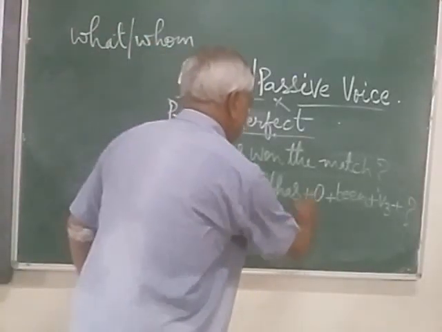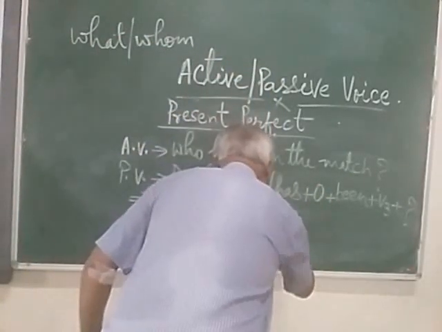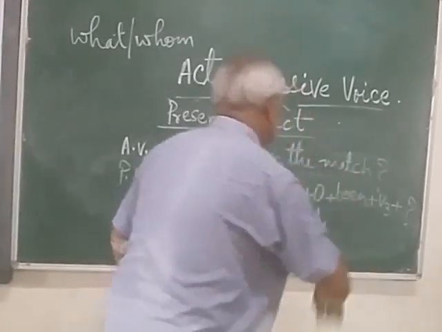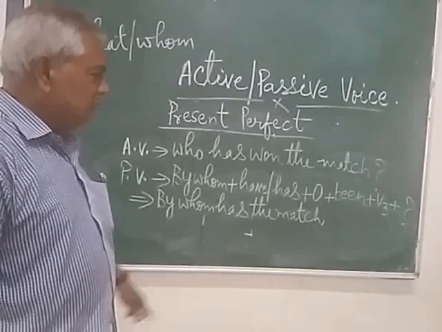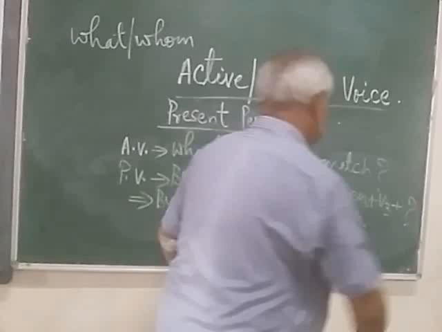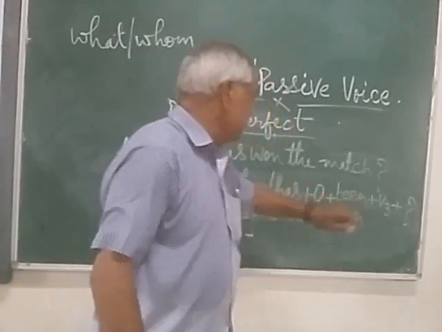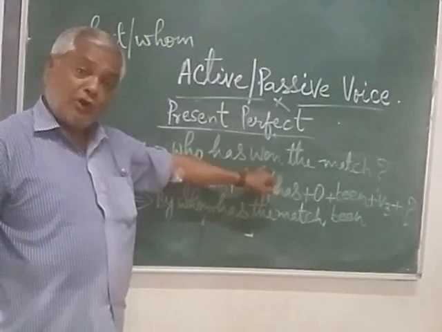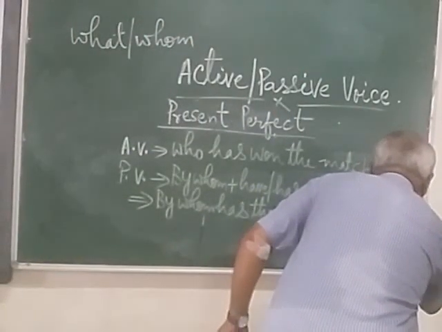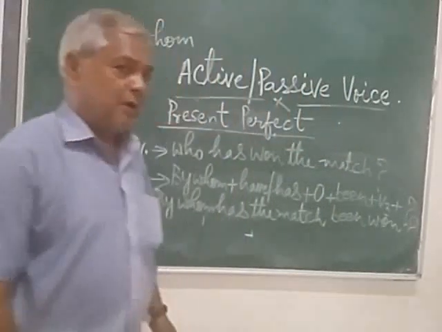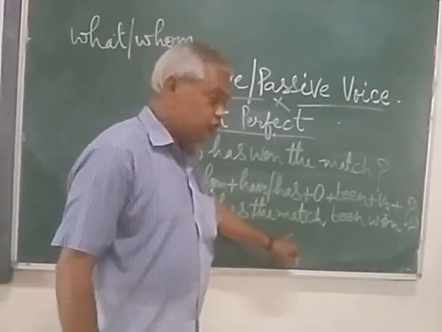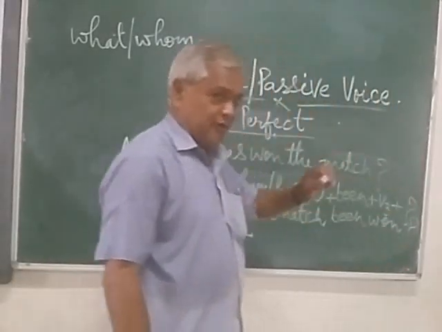Then after, the object is the match. Then after being, then after victory. Victory is already here, so won should be written. And at last, the question mark. This one sentence is: by whom has the match been won?